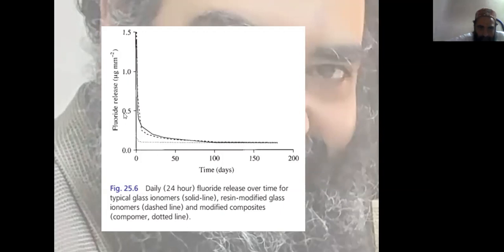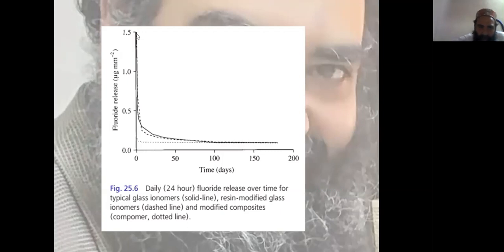Now, fluoride release in micrograms per millimeter square against time in days. If we see 50 days, 100 days, 150, 200 days, the maximum release is at 1 day, 24 hours.